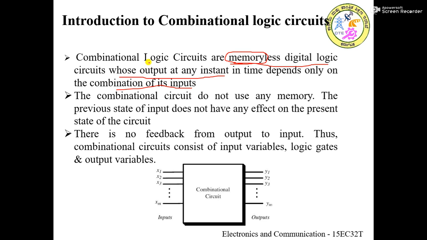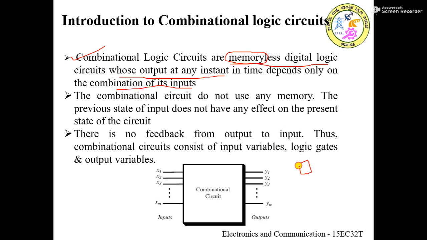So here the combinational logic circuits do not need to remember what the previous input combination and the previous output were. Let's say, for example, you consider an AND gate. As you already know, it consists of two inputs and one output. Let's write the logic symbol.